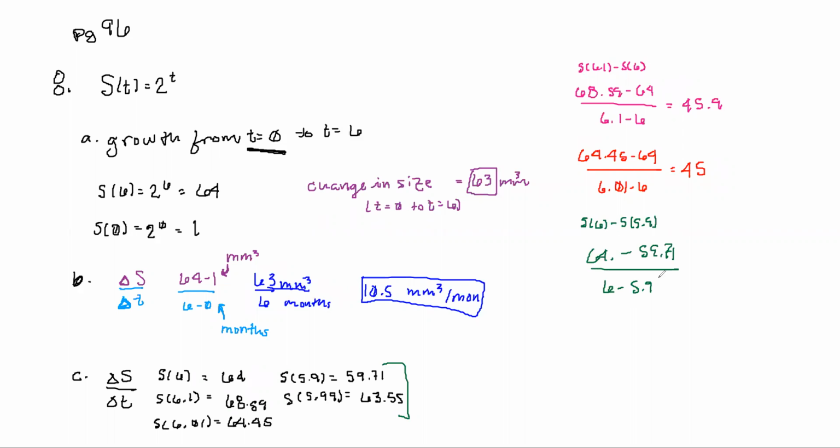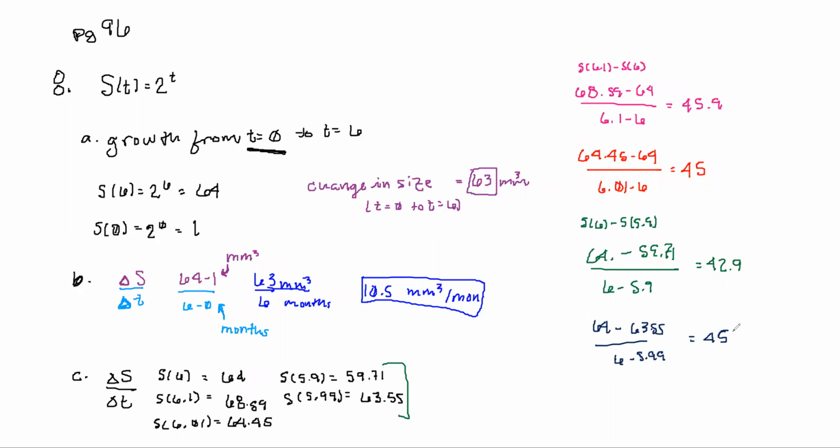So 64 minus 59.71 divided by 1. So this is 42.9. And then I can look at 64 minus 63.55 over 6 minus 5.99. And so this is going to be, what, 45?